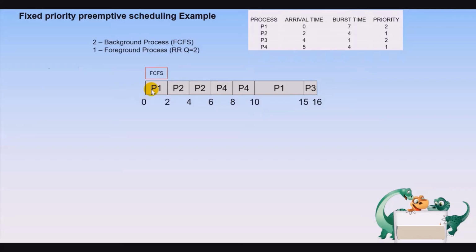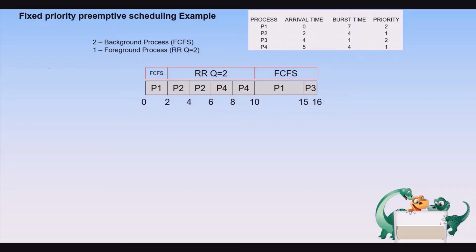Alright, process 2 and process 4 were foreground processes, and they were executed with a quantum of 2. Now after all processes under the foreground were executed and completed, it will resume with the background processes using first come first serve.